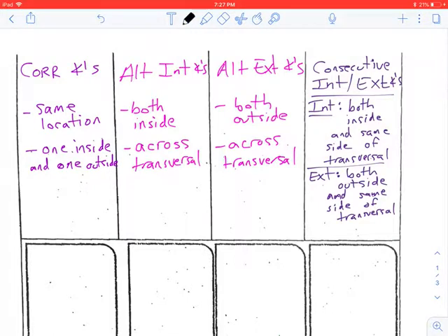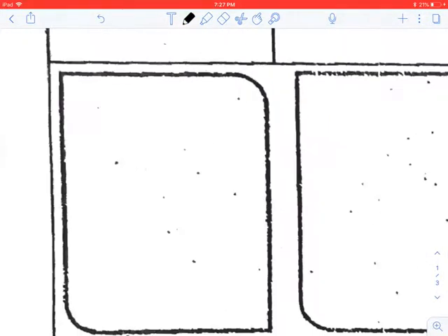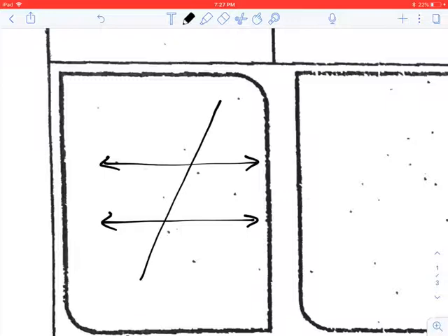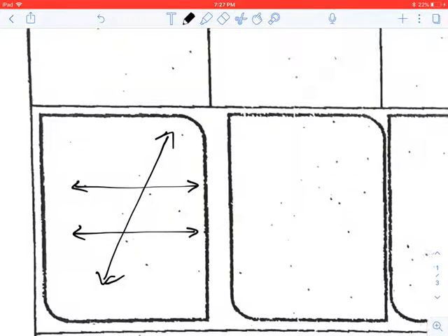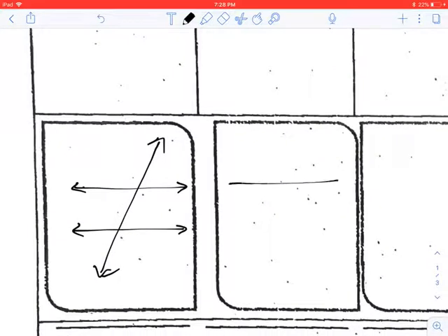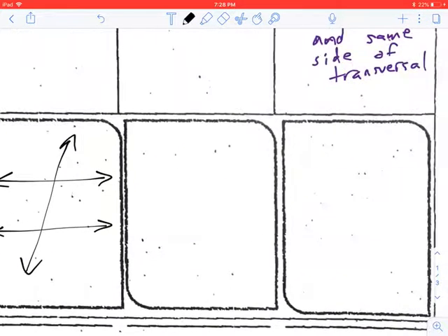So for corresponding angles, let's go ahead and draw ourselves a couple parallel lines. So these two lines, we're going to say they're parallel. And then we have a transversal going through. Okay? And I'm going to draw that same picture for every one of these. Two parallel lines, transversal.